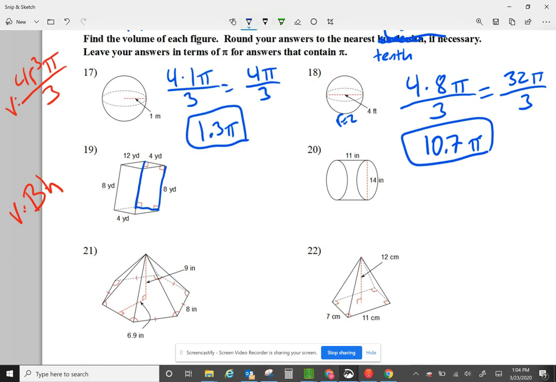The base I highlighted as a rectangle. It's a 4 by 8 rectangle. So I know the area of the base is 32. The height in this case is 12. So I just have to go 32 times 12, and that is equal to 384.